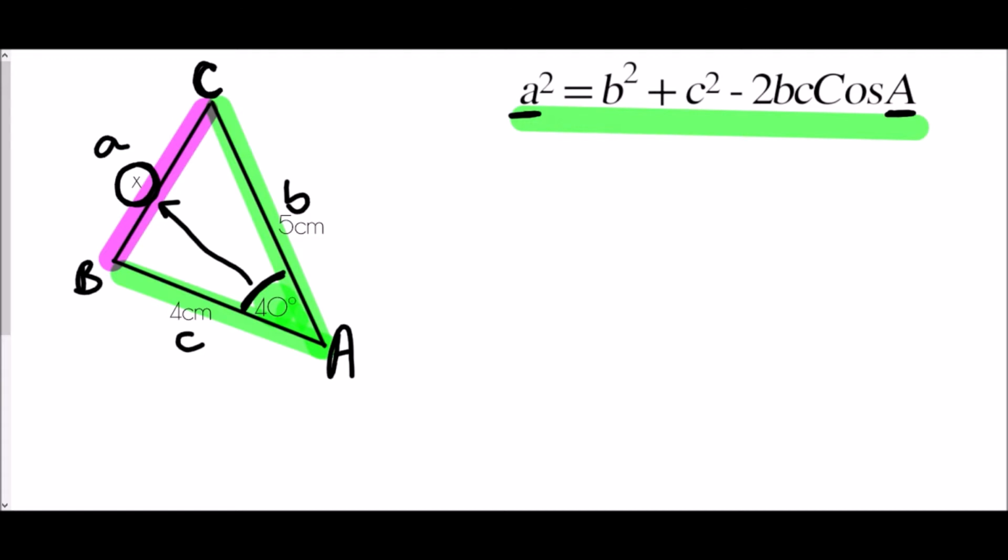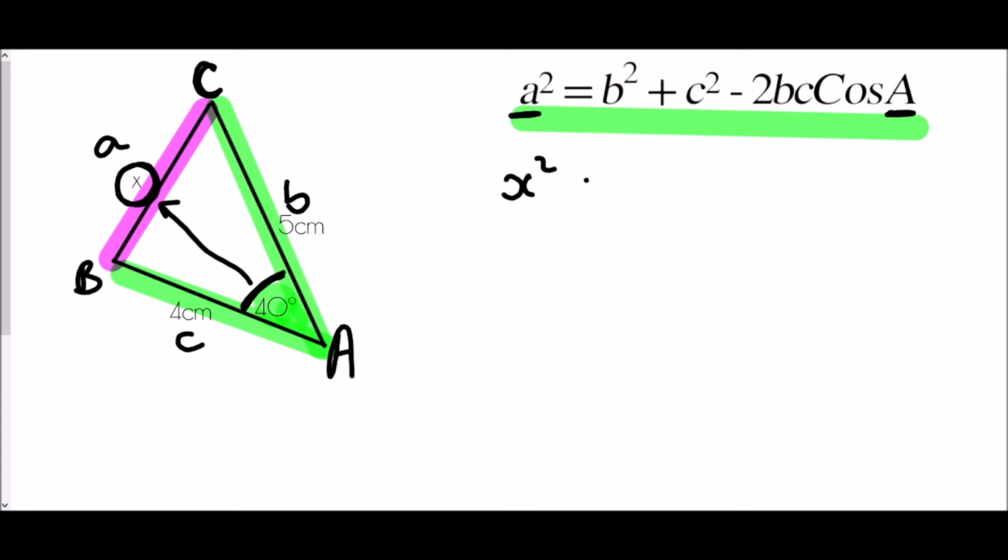The reason it doesn't really matter is because B and C don't actually come into the formula in terms of the angles, and b and c, the sides, are just always being either multiplied by themselves or multiplied together, and therefore the order doesn't actually matter. But what we're going to look at here is we're going to try and find out what our value x is. And so all I'm going to do is substitute in.